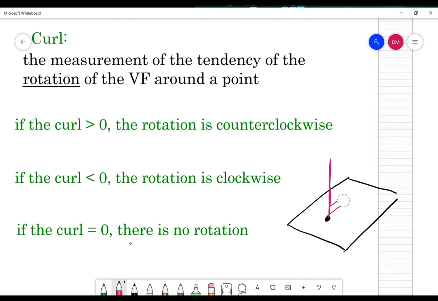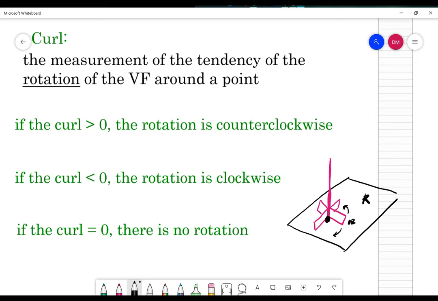Here, I'm going to try and give this a little bit of dimension in my drawing. Let's see, here's my paddle wheel. So let me do this arm of the paddle, that arm, and then there are these other ones behind. So if I drop this paddle wheel at some point, this point specifically within region R, is that paddle going to rotate in a counterclockwise manner or a clockwise manner or not at all?